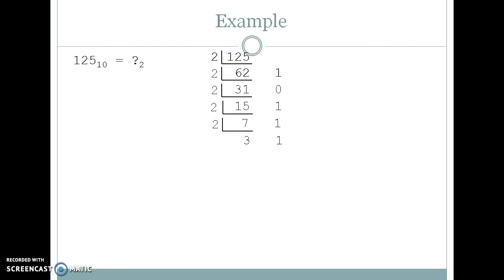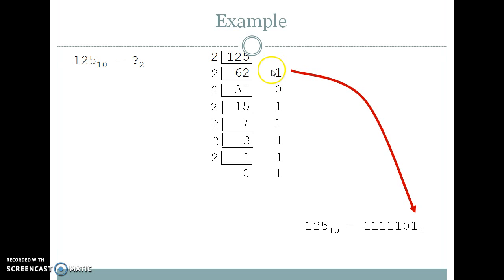Again 2, answer is 3, the remainder is 1. Again 2, here the answer is 1 and the remainder is also 1. And again 2, you have to continue this until you get 0 at last. And again the remainder is 1. For this, the number 125 is equivalent to 1111101, where the first bit is your most significant bit and the last will become your least significant bit.